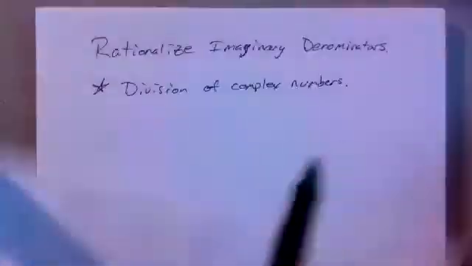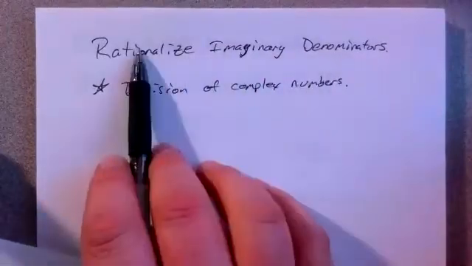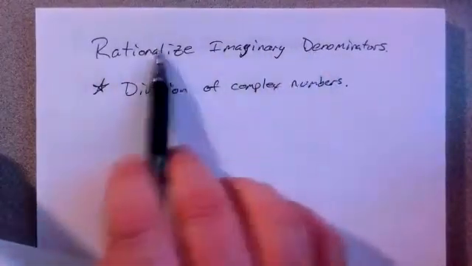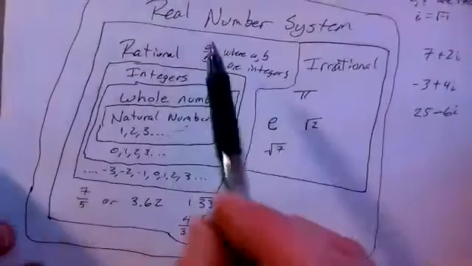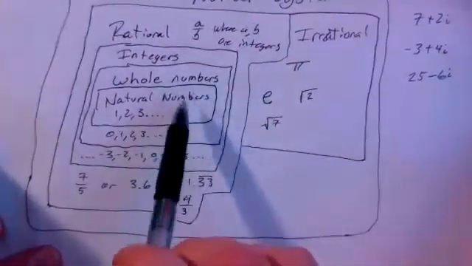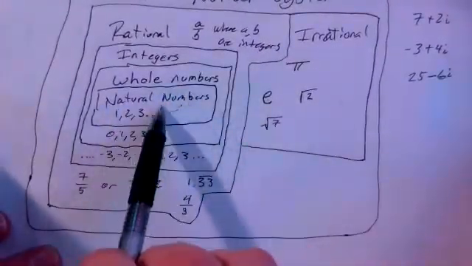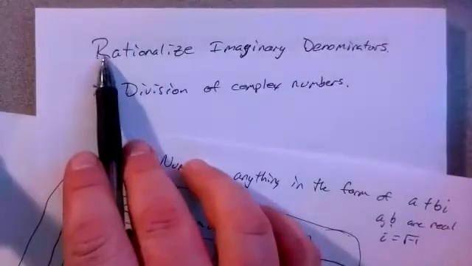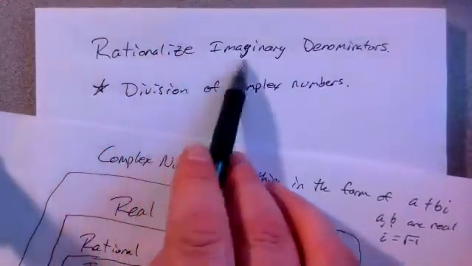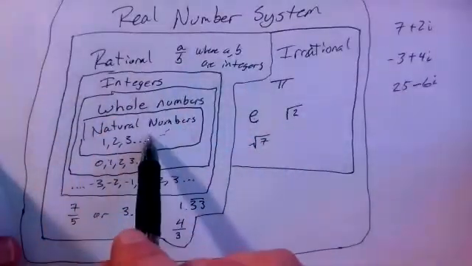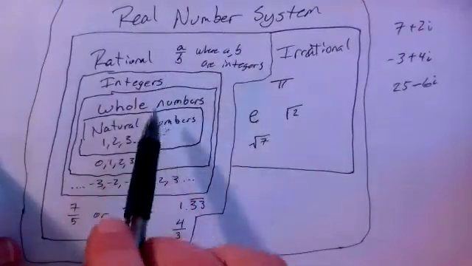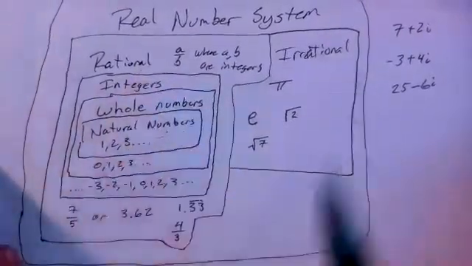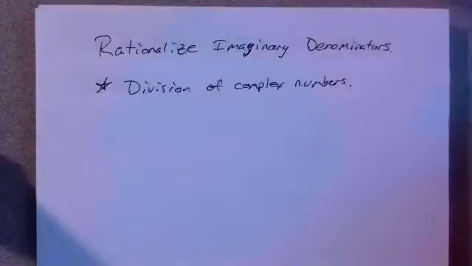If we're going to rationalize a denominator, our end goal is to make it a natural number. Instead of saying naturalize, we just call it rationalizing: turn it into a rational number. Since natural numbers are in the family of rationals, this is an okay thing to do.